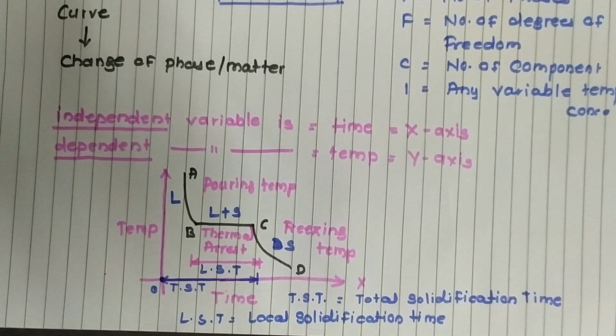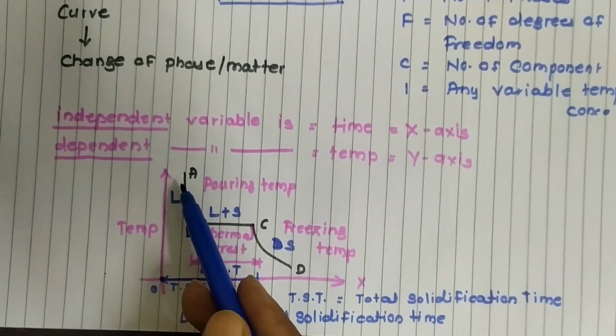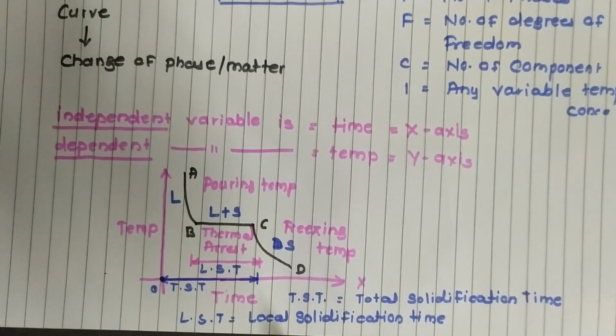So from the initial point to this C point, we are getting the total solidification time. Now when the phases of the material change, from liquid plus solid and then we are getting the solid state, the amount of energy required for a phase change is known as latent heat.